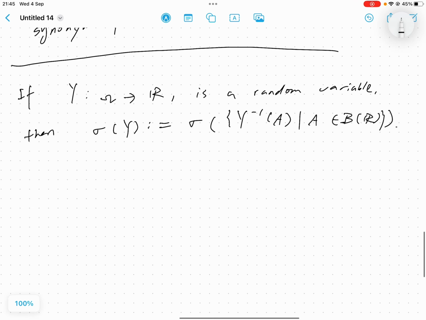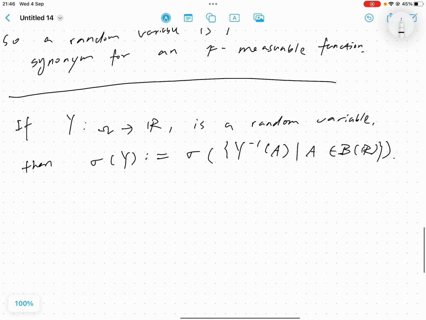So what's the meaning of this definition? Basically, that indicates the smallest sigma algebra containing all sets of the form Y inverse A, right? Okay, so let's write it down.